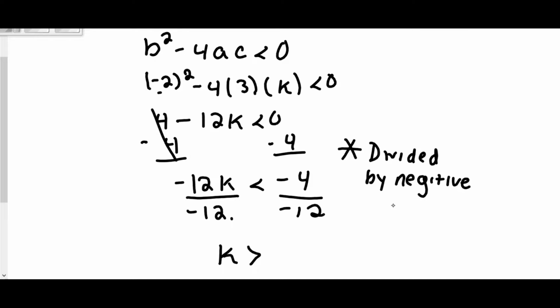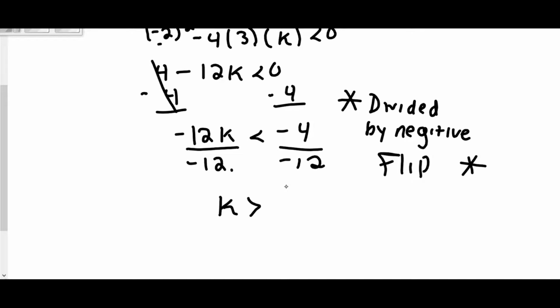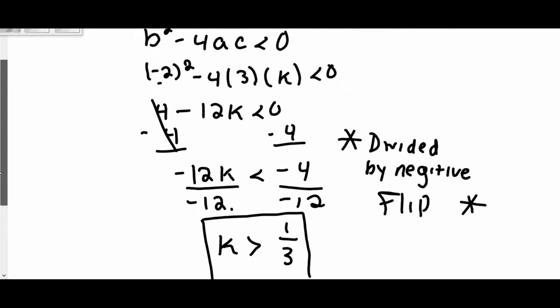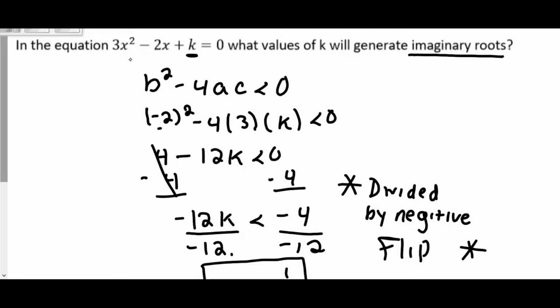If it's greater than, flip it to less than. Super important, don't forget that. So we get k is greater than 1 over 3. So any value bigger than 1 over 3, so 1, 2, a million, any value of k that's greater than 1 over 3 will make this quadratic have imaginary roots.